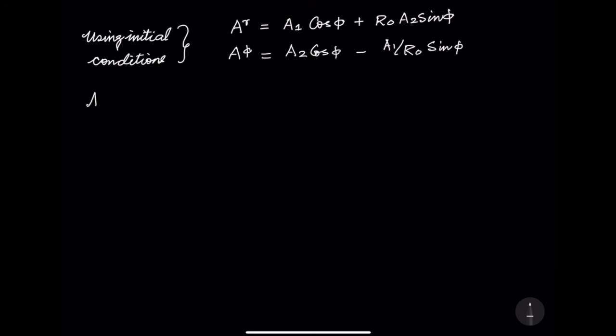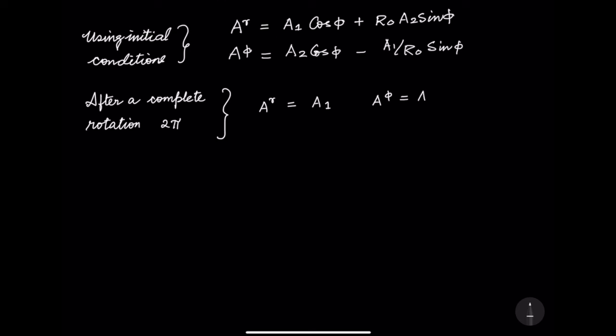But after a complete rotation, and that is of 2 pi, let's see what Ar is. So Ar, after a complete rotation, phi becomes 2 pi, sin phi becomes 0. So Ar is A1, cos phi is 1, and Aphi is A2. Exactly where they started with.